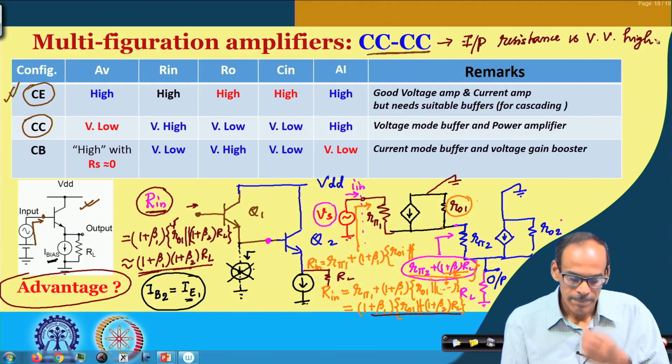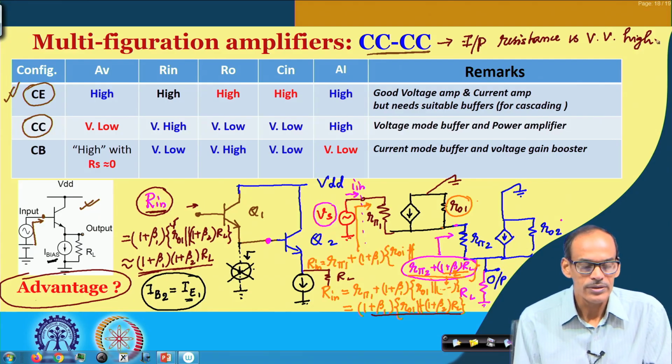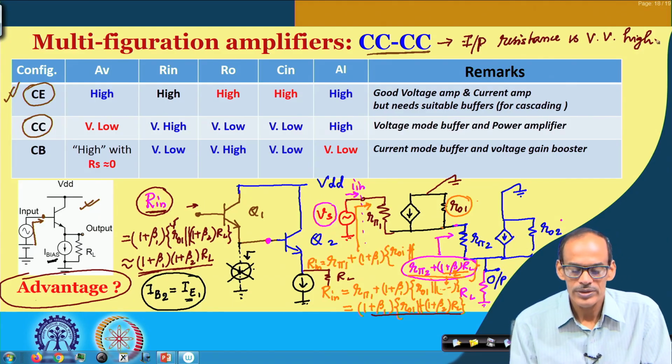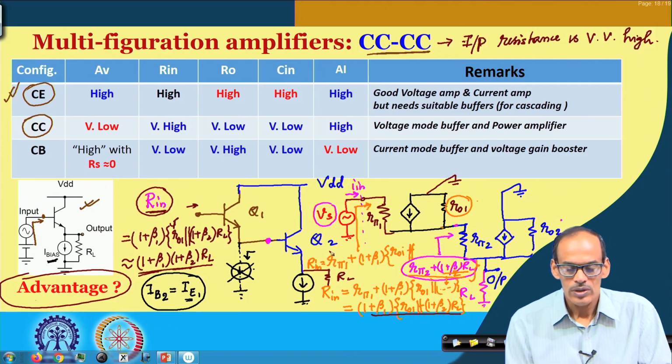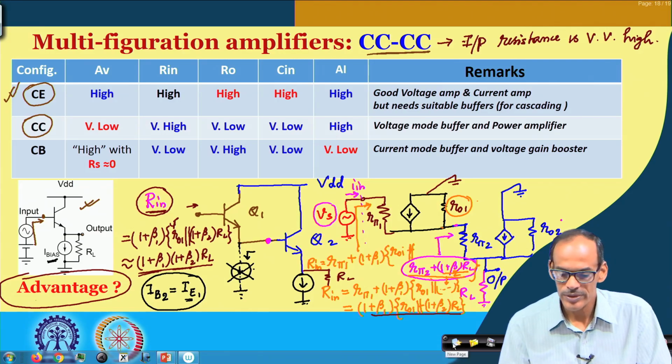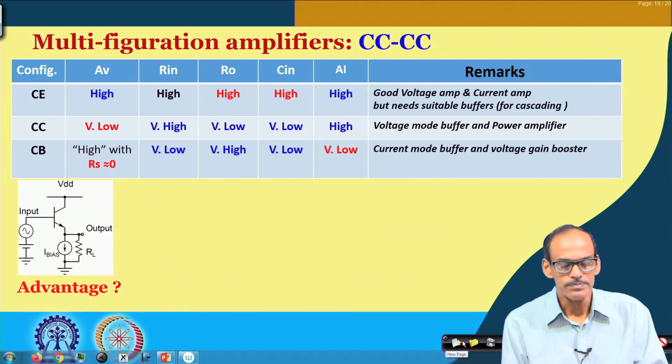On the other hand, if you see the output resistance, we are looking for this output resistance to be as small as possible. So, let me clear, otherwise I will not be able to explain to you.